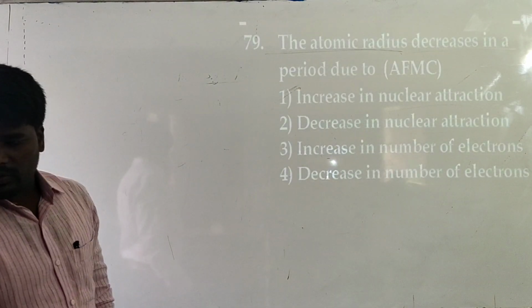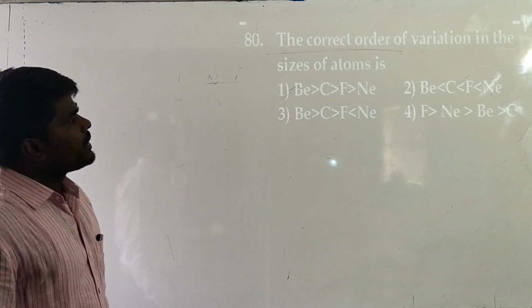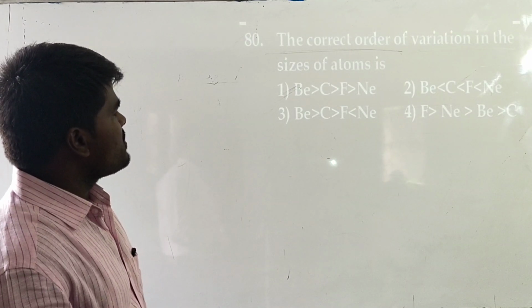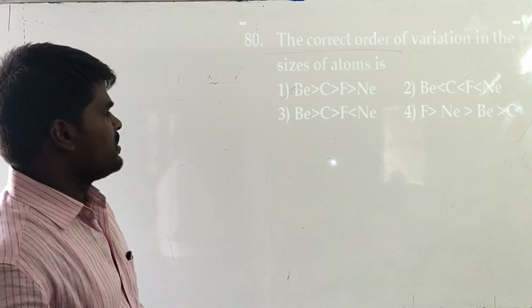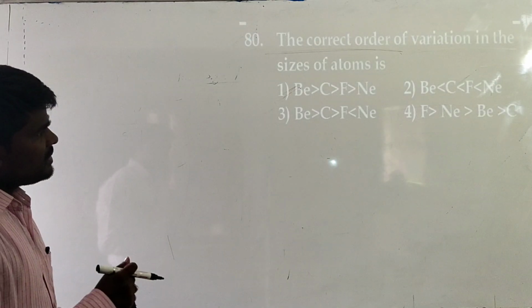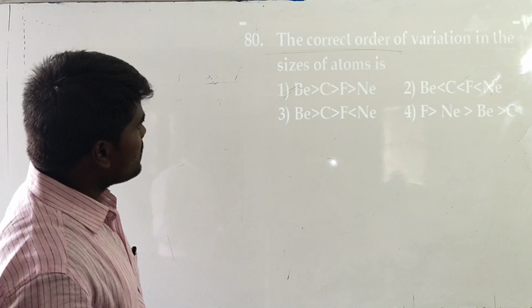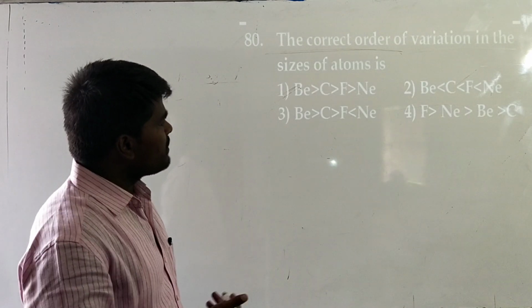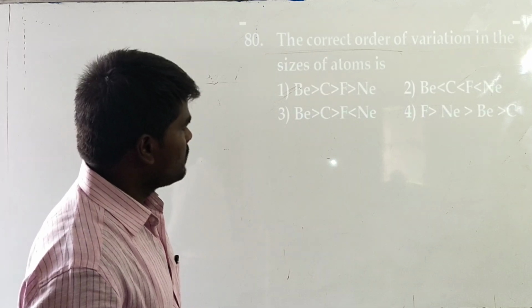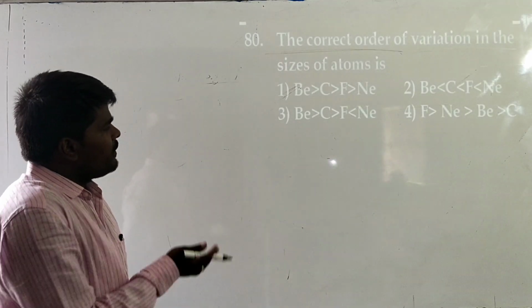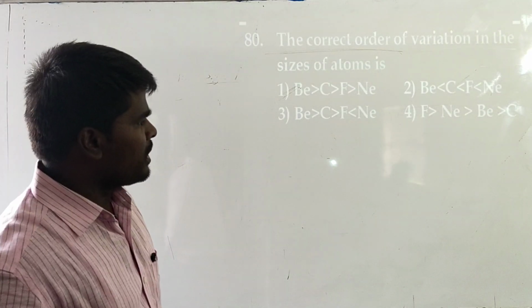Now let's go to the next question. The correct order of variation in the size of atoms is, right? He is asking the correct order of size in different pairs. The elements given are beryllium, carbon, fluorine, and neon. First of all, you need to understand whether all the elements belong to the same period or not.